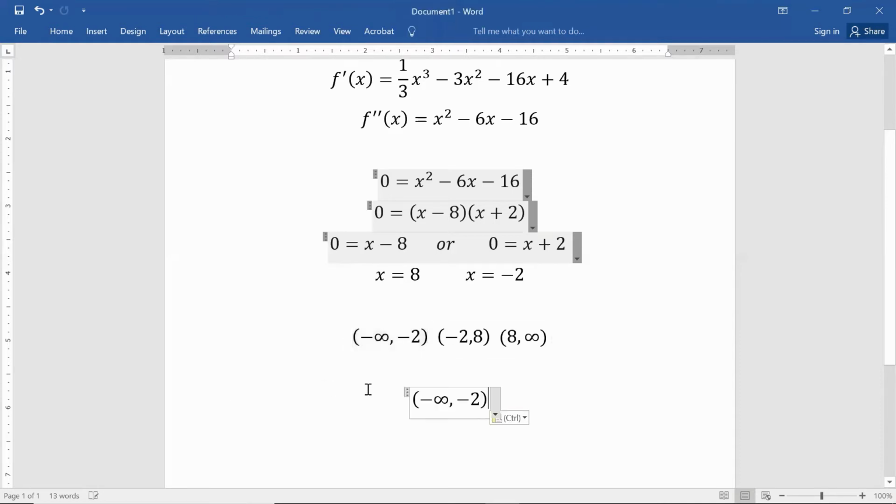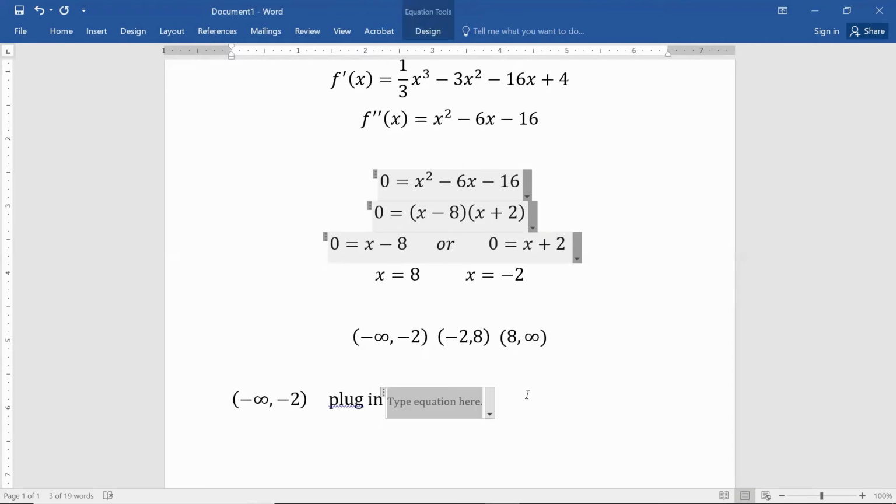Take the interval from -infinity up to -2. Pick out some value in there. I'm going to pick out the value -3. And we're going to plug in -3 into the second derivative.